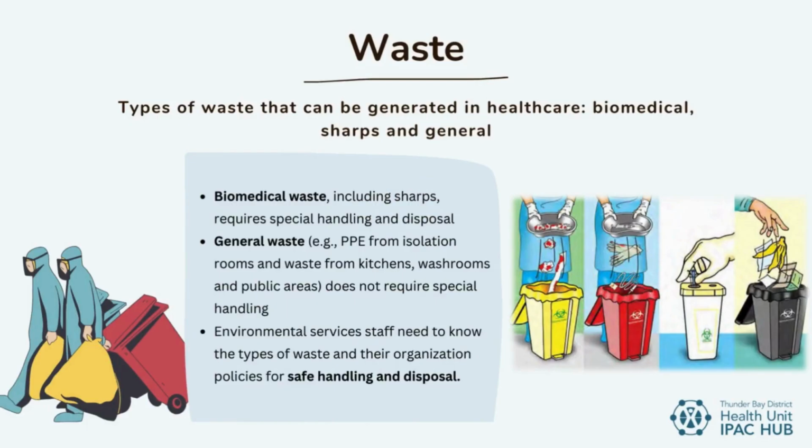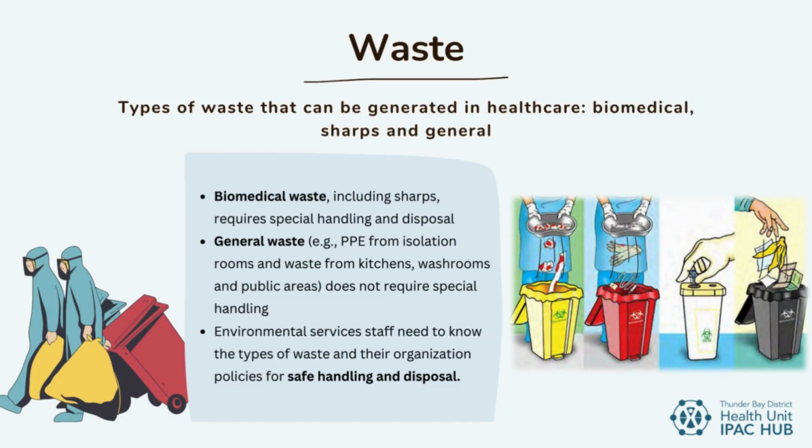Let's take a look now at different types of waste. Types of waste that can be generated in a healthcare or congregate setting include biomedical waste, sharps, and general waste. Biomedical waste, including sharps, requires special handling and disposal.